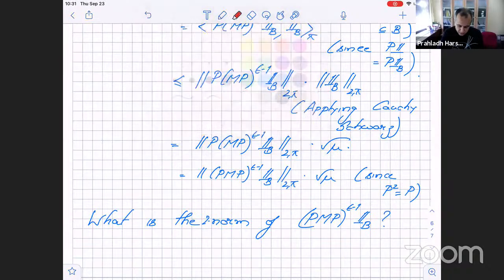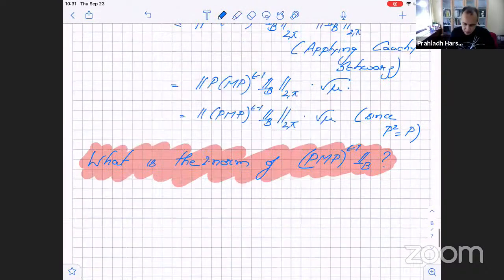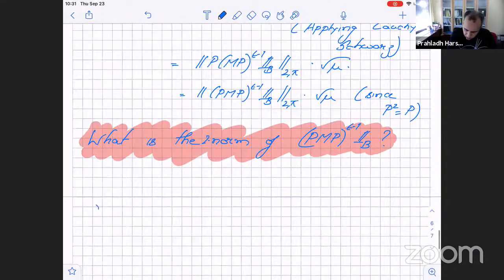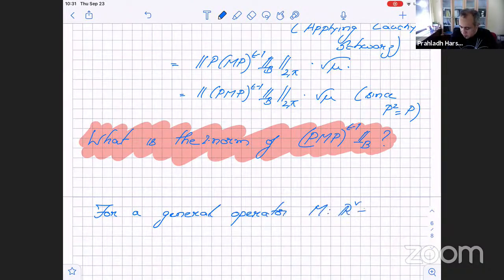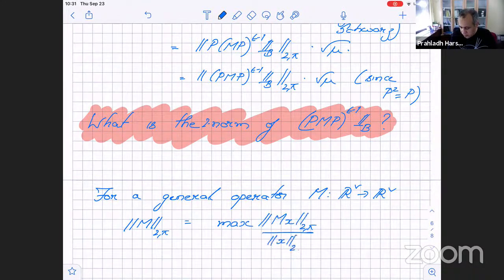So in general, to ask this, how large can this value be? We'll do something more general. For a general operator M on R^V, a linear operator R^V to R^V, we'll define the norm of the operator to be the maximum it stretches any vector, relatively.